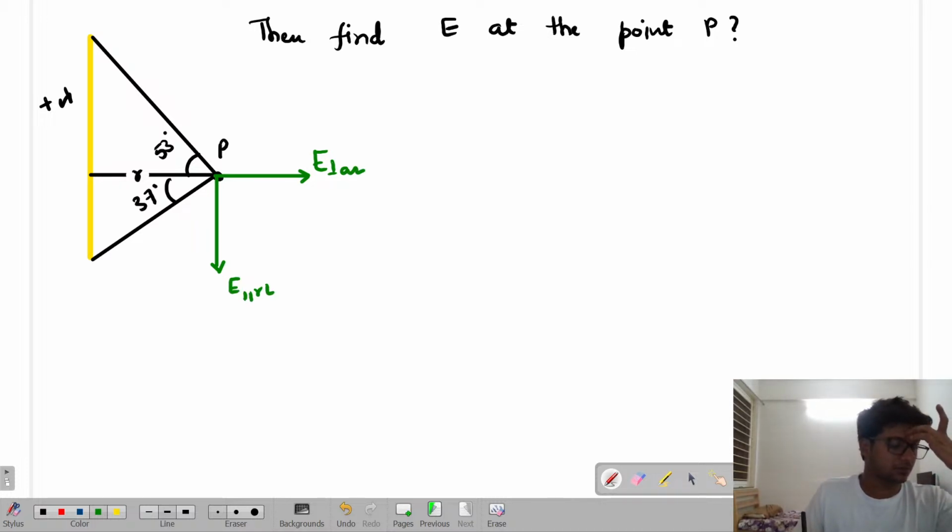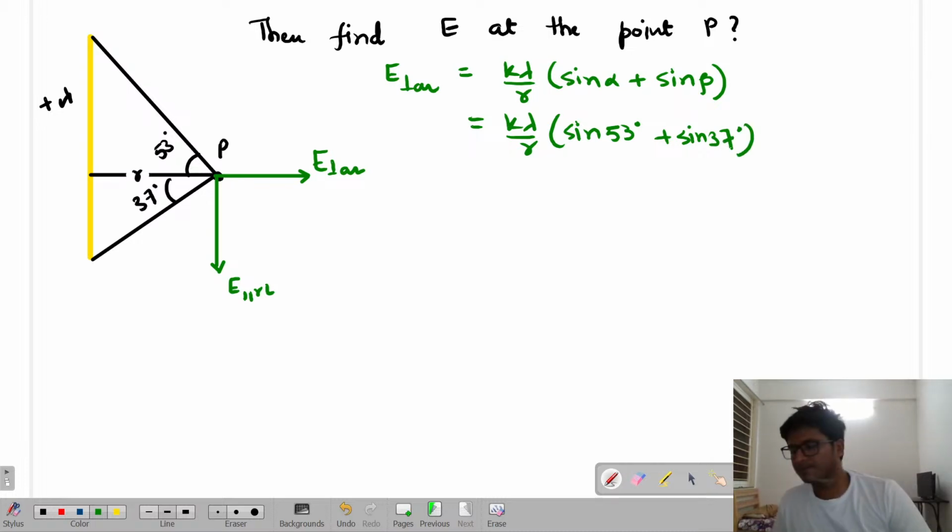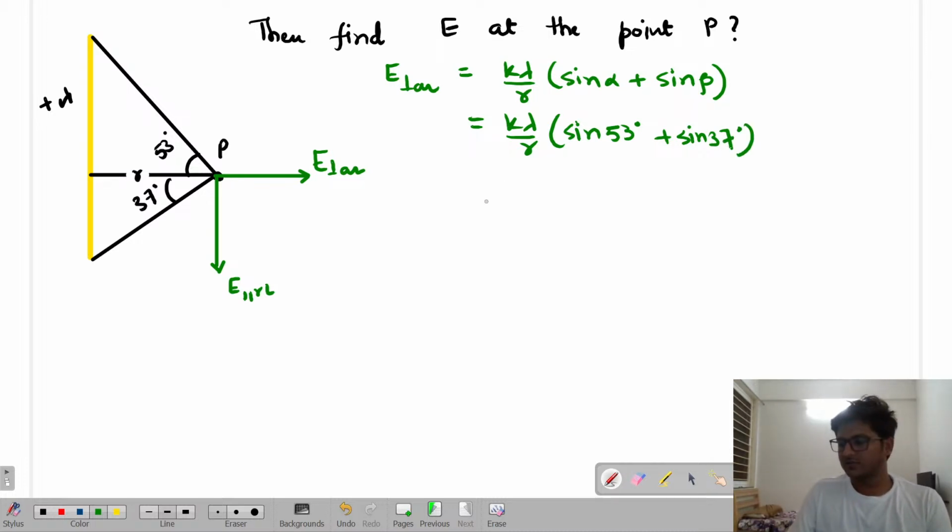What is the formula for perpendicular? k lambda by r times sin alpha plus sin beta. So it will be k lambda by r times sin 53 plus sin 37, isn't it?